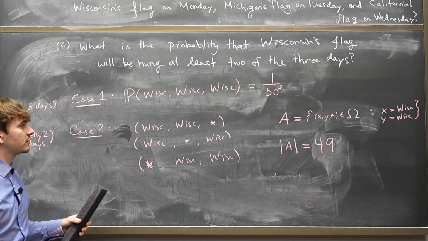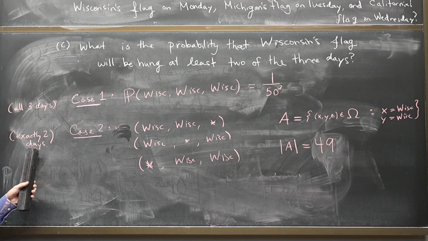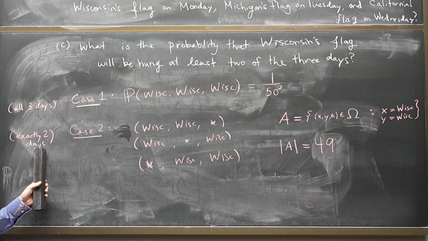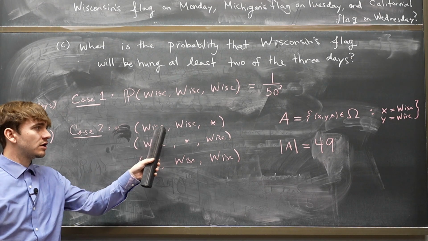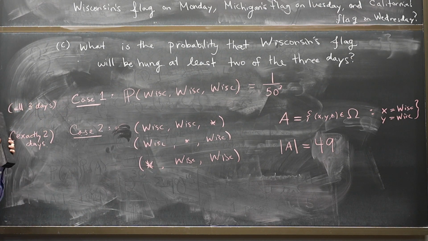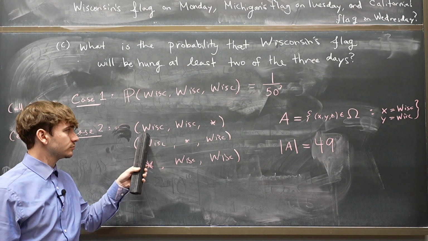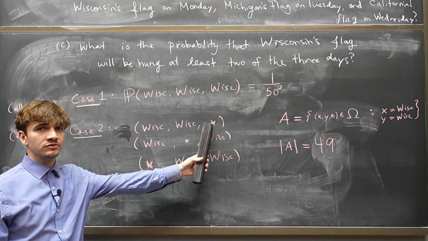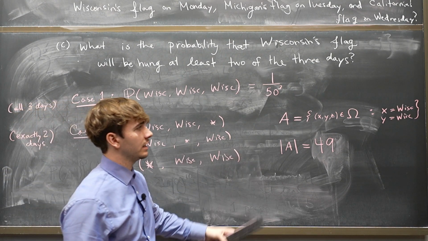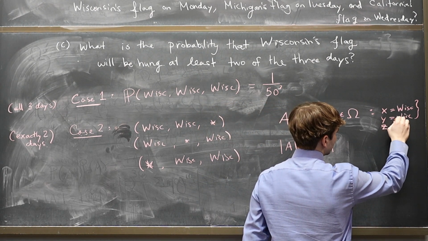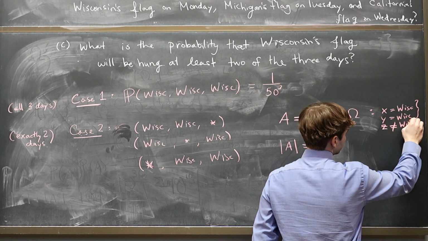The reason is that we've specified in this case that this event must occur exactly 2 days. So we must hang the Wisconsin flag for exactly 2 days. We've already taken care of the case where we hung the Wisconsin flag for all 3 days, so I'm not allowed to hang the Wisconsin flag again in my set A. So I should add the condition that z is not equal to Wisconsin.